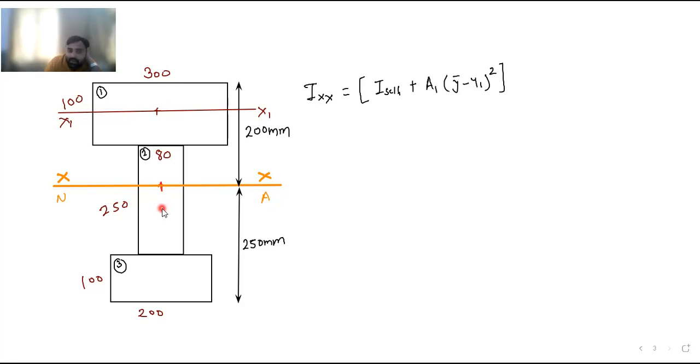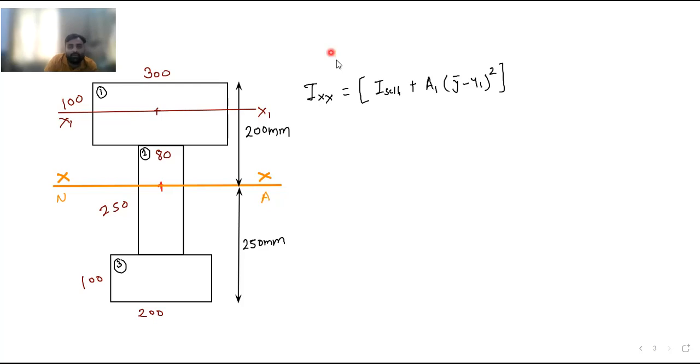How are we going to check it? See, this total is 250. So if I subtract this 100 from 250, 150 will remain. So this distance will be 150. But the CG of this second rectangle, if this is 250, will be at a distance of 125. So they are not coinciding. There is a gap between them of 25 mm.